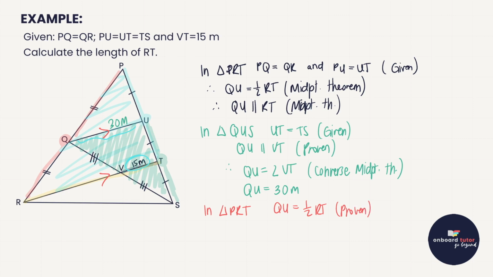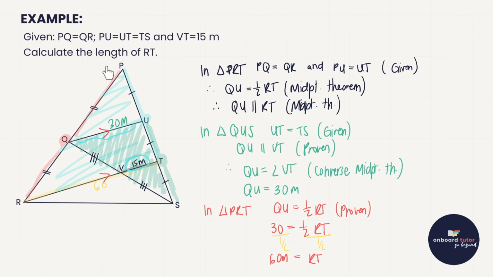And so now we know that QU, 30, is equal to a half of RT, the missing side. Let's divide both sides here by a half. And it's very interesting when you divide by a fraction like that. What you'll find is that RT is equal to 60 meters, because technically we're going to tip it and multiply. And that does make sense. RT does look like it could be 60 meters there.